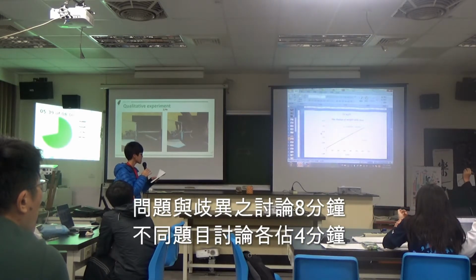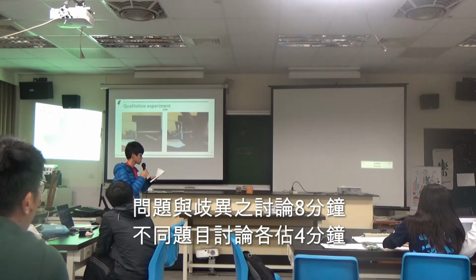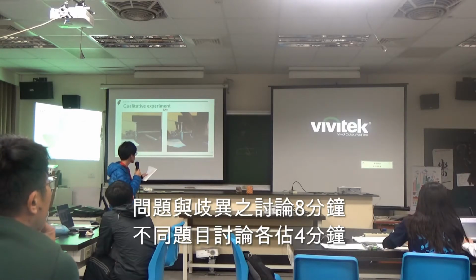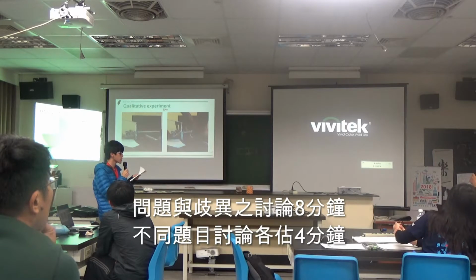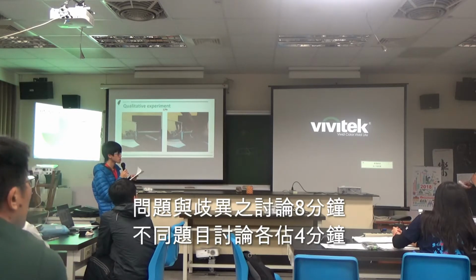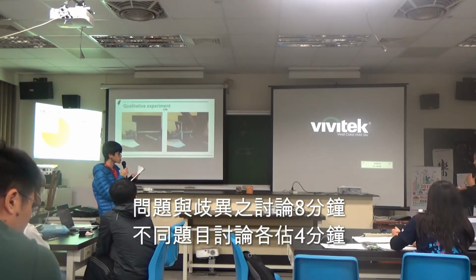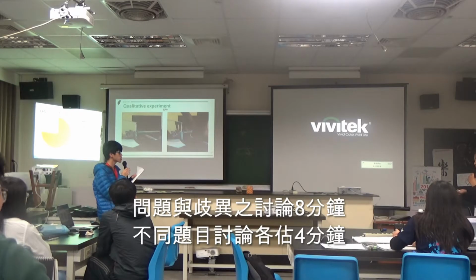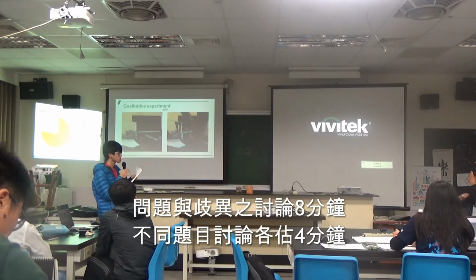I think the equation should not be just a linear equation, and you also say there is some error at the first time. Do you think that is your experiment error? I think that is not error. We have used the theory to explain it. That error is caused by the impulse.